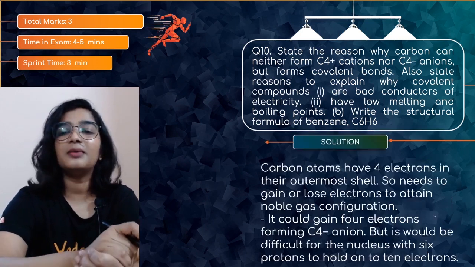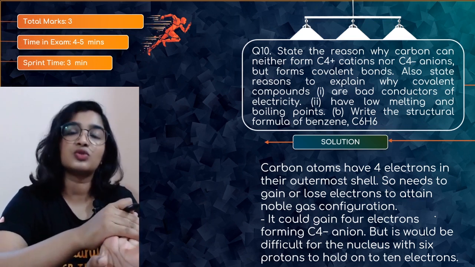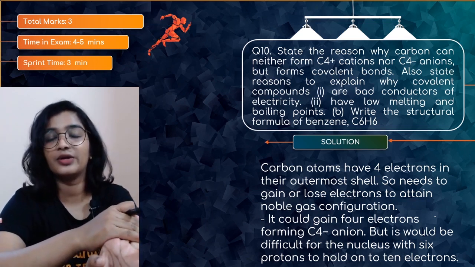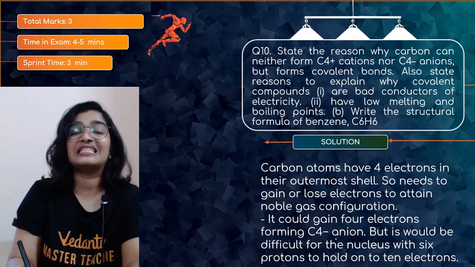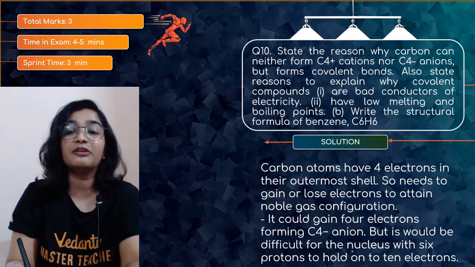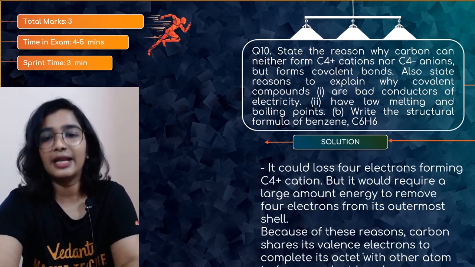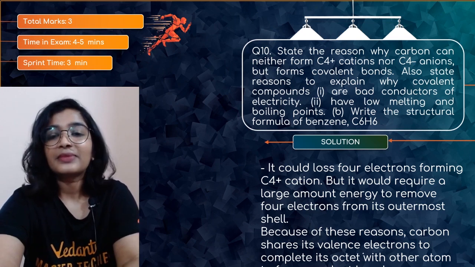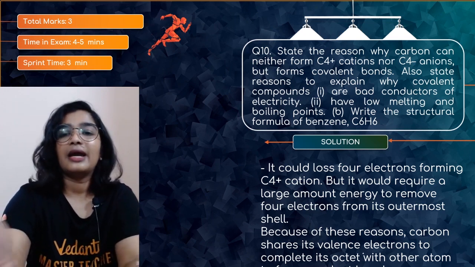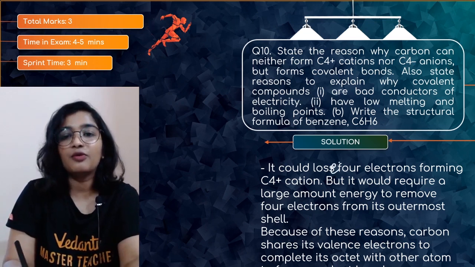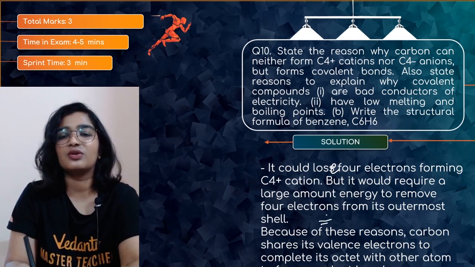So what's the answer? Carbon atoms have 4 electrons in their outermost shell, so they need to lose or gain 4 electrons in order to attain the noble gas configuration. It could gain 4 electrons forming C4- anion, but it would be difficult for the nucleus with 6 protons to hold on to 10 electrons. Next, it could lose 4 electrons and form C4+ cation, but it would require a large amount of energy, so this is not feasible.